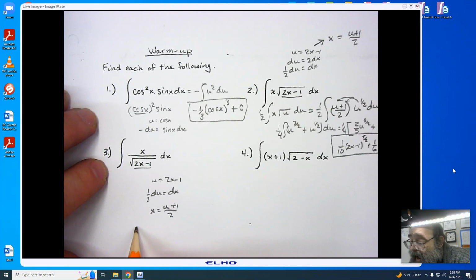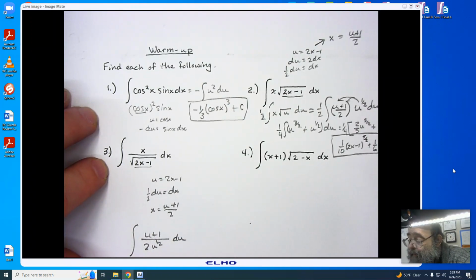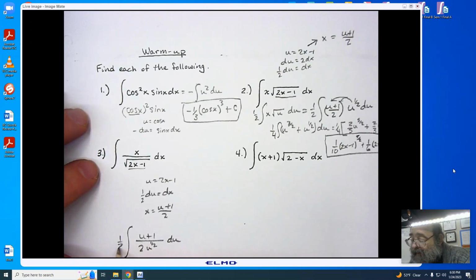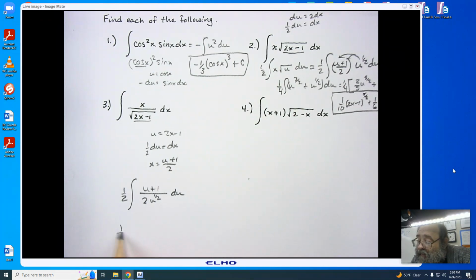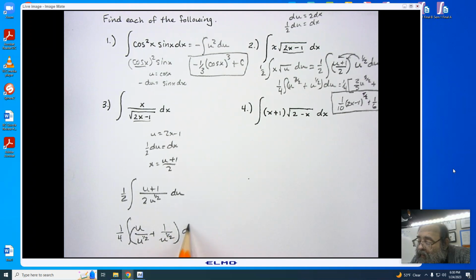I can now put everything together so that I end up having u plus 1 divided by 2, u to the 1/2 power du. And I need my 1/2 in front. Now, I'm going to follow the similar steps. I'm going to take out the 1/2. It's going to give me 1/4 the integration, but now I'm looking at it as u divided by u to the 1/2 plus 1 over u to the 1/2 du.